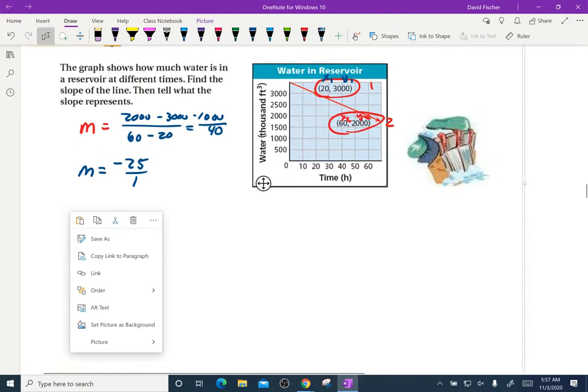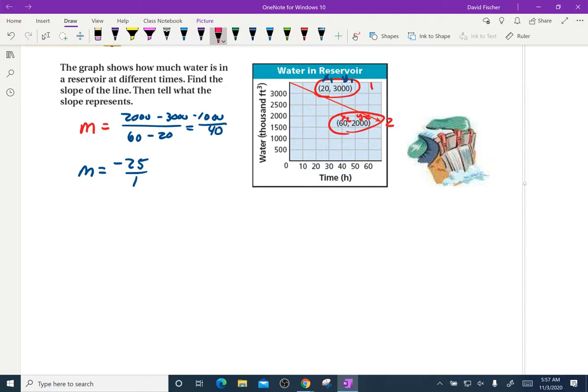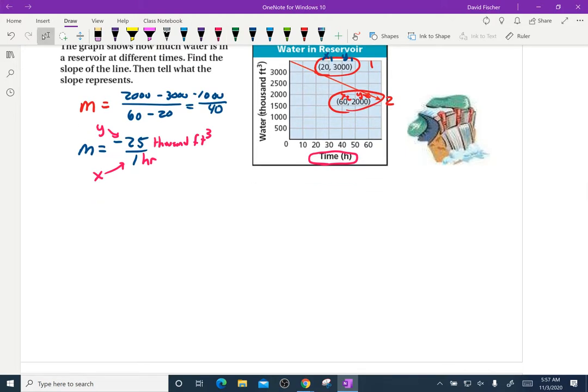So now what you need to do is go back to your units. I know that this number up here is my y value, and this number down here is my x value. So if I go down to time, this is 1 hour, and this is 1,000 cubic feet. So that's negative 25,000. And since it's a negative, that means the water is leaving our reservoir.